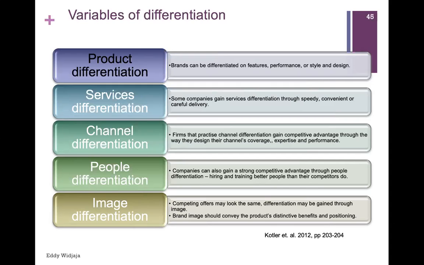These people will actually deliver the service for the customers. And lastly, the image differentiation, which is basically creating certain brand image in the consumer's mind that is different to the others.